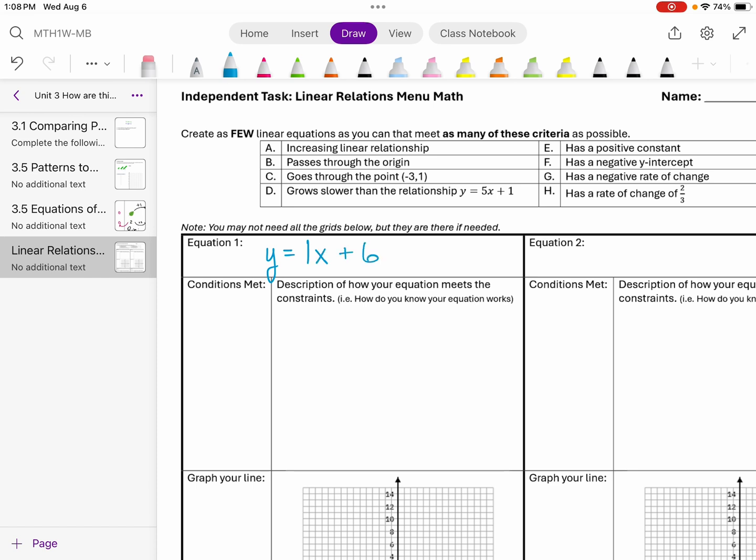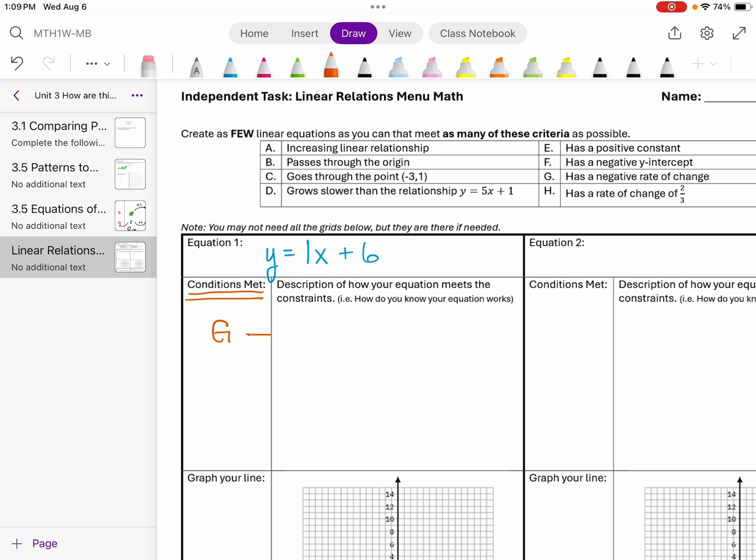And then if that is the equation that I am using, I'm going to look through the criteria above and say, under this section here, which conditions are met. So for example, I might say, and this may or may not be the correct answer, that this relationship has a negative rate of change.